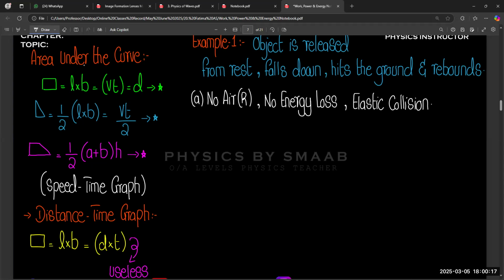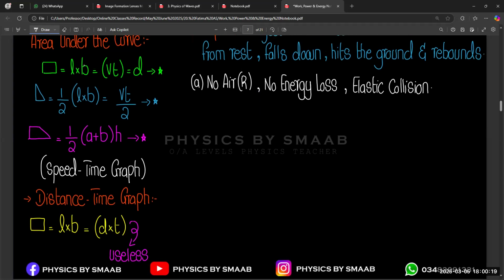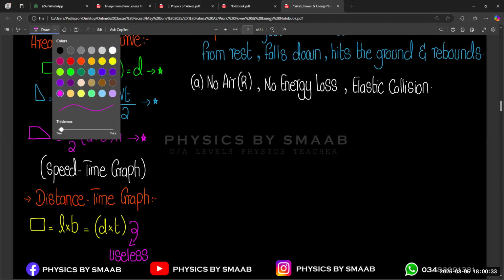So let's suppose, first of all, we draw a distance time graph for this specific scenario, and there is no air resistance. So this object is dropped from a height.